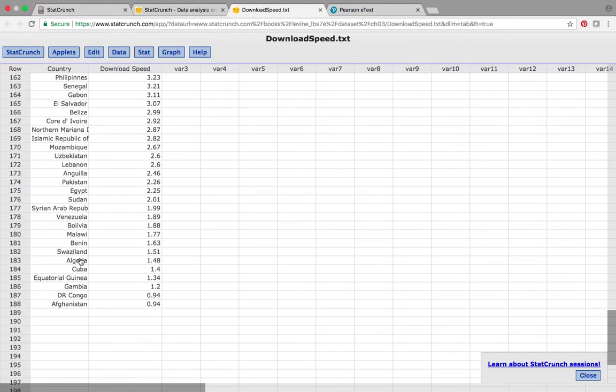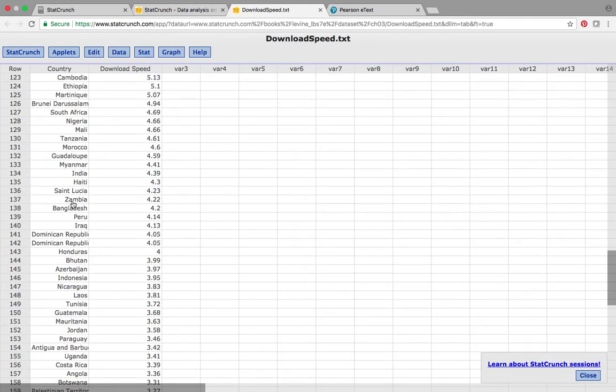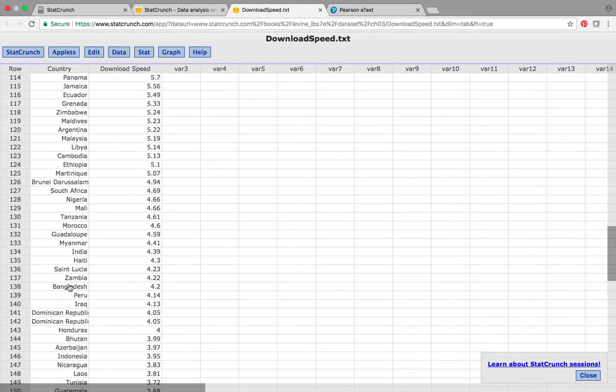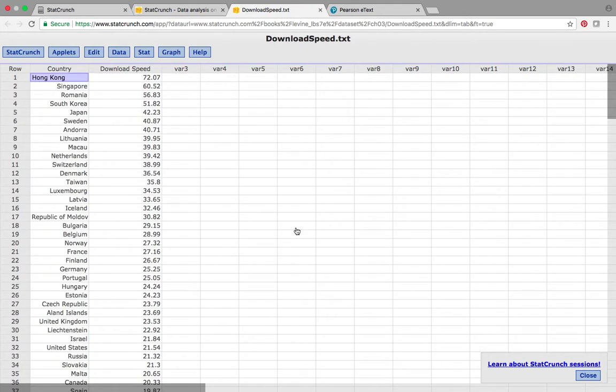Afghanistan, Cuba, Algeria, Bolivia, Venezuela have very, very poor download speeds. I go to Mexico a lot scuba diving, so I'm not really impressed at all with their download speeds. Anyway, look at the best download speeds across the world. You get into Hong Kong, Singapore, Romania, South Korea, a lot of Asian countries, Sweden, Netherlands.